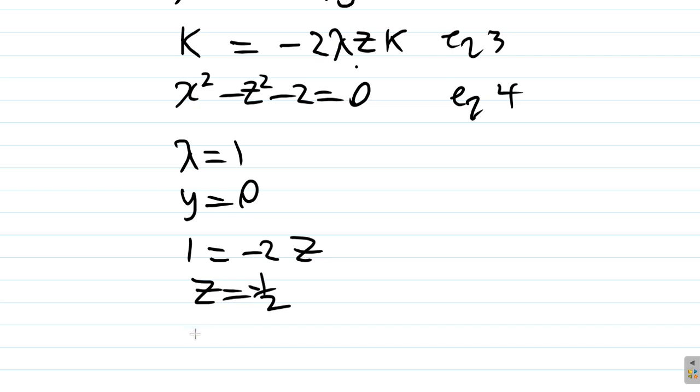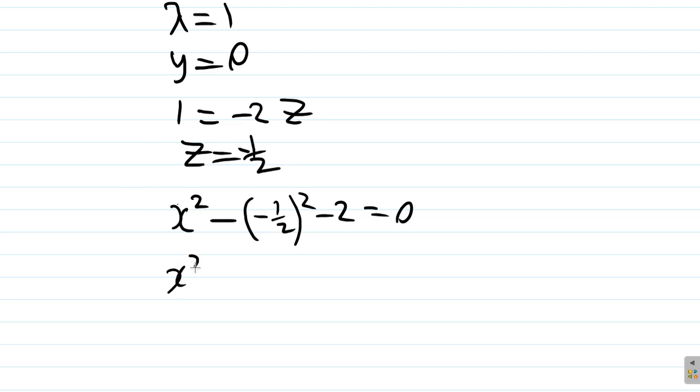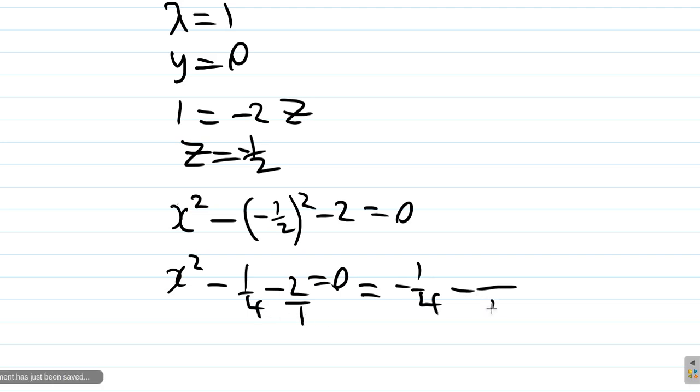Well, let's substitute these into equation 4, the constraint equation, and find x. So x squared minus negative half squared minus 2 equals 0. So x squared minus, this would be a quarter, minus 2 equals 0. Quarter minus 2 would be equal to negative a quarter minus, if we multiply the bottom by 4 we get 4, if we multiply the top by 4 we get 8.